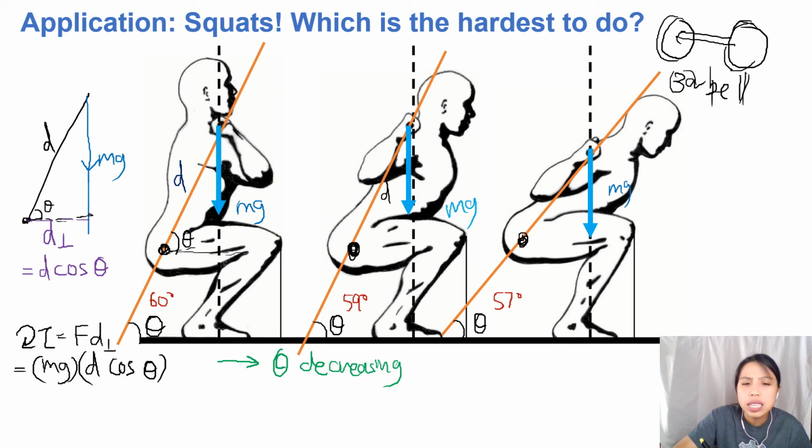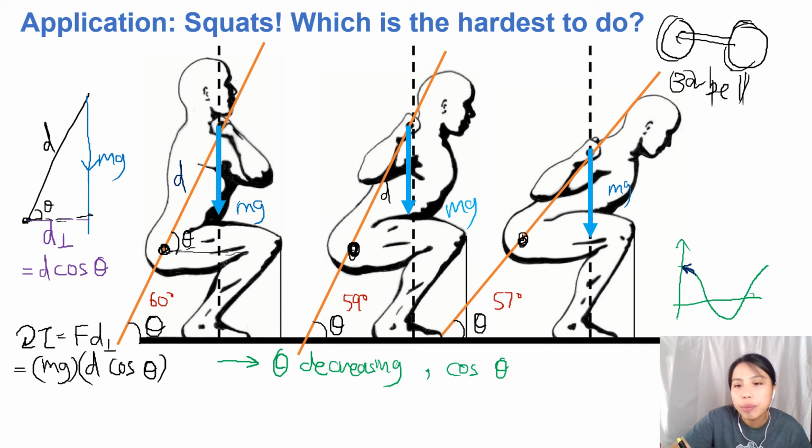Which means, how is cosine of theta changing? If you forget, draw the little cosine graph here again. It kind of looks like that. Now you're decreasing, so you're going this way to a smaller angle. Your cosine is getting bigger and bigger, closer to the value 1.